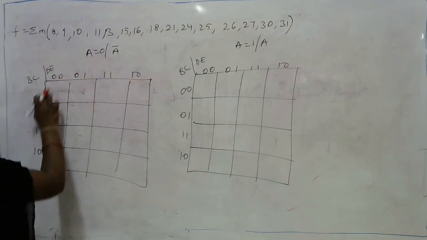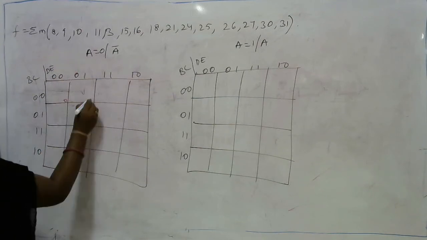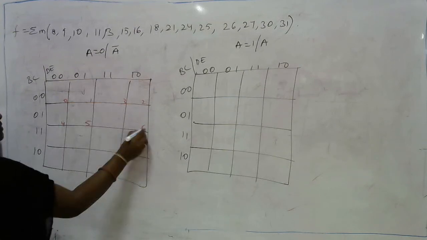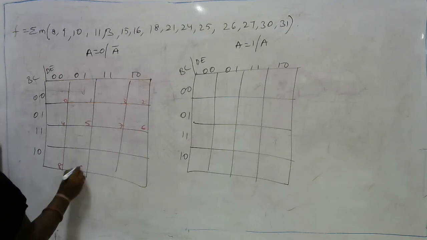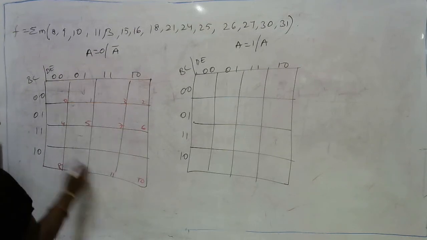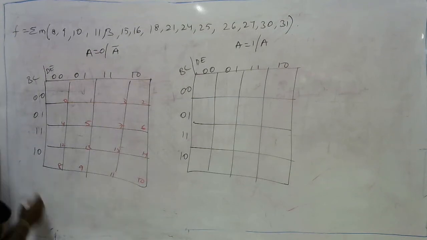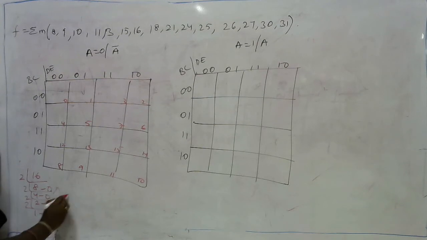So 0, 0, 0, 0, which is 0, 1, 2, 3, 4, 5, 6, 7, 8, 9, 10, 11, 12, 13, 14, 15. But if I want to write 16 in binary, this is 8, 4, 2, 1, so 16 equivalent is 1 followed by 4 zeros.